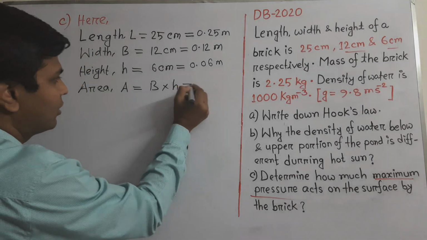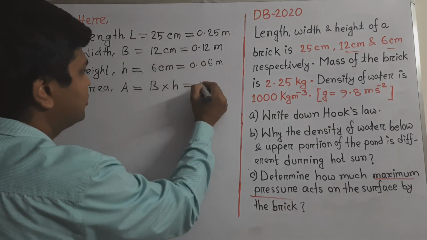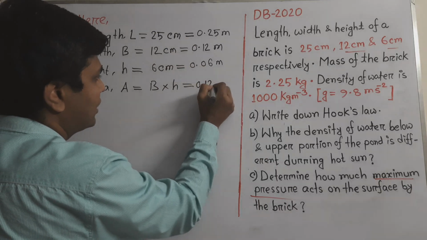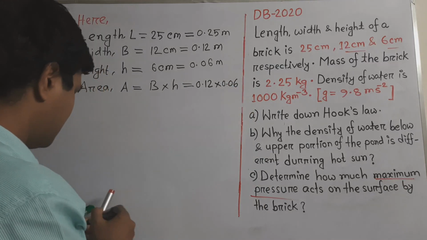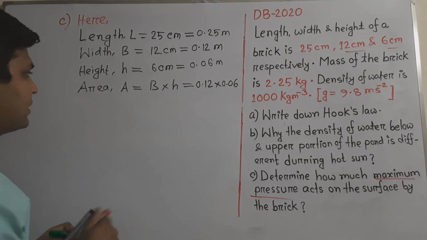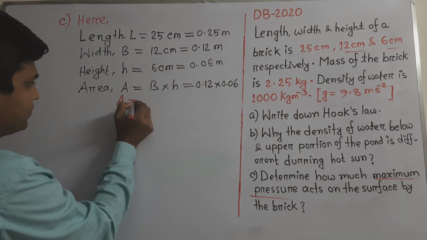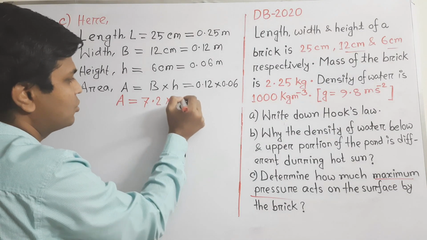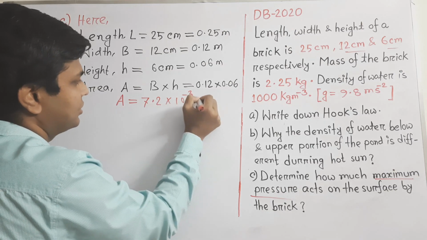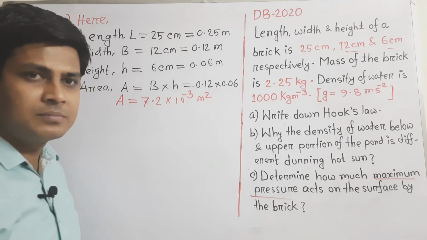So if you put the value of B, that is breadth 0.12, and height 0.06, then we will get area equals 7.2 into 10 to the power minus 3 meter square.